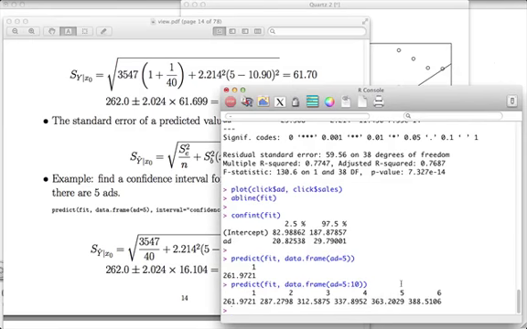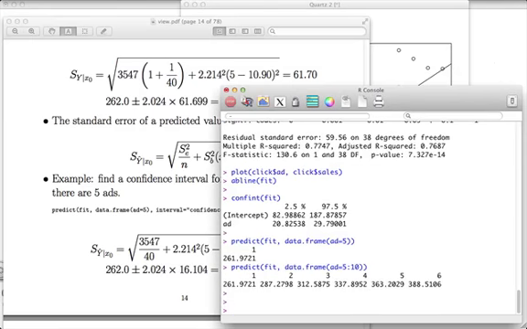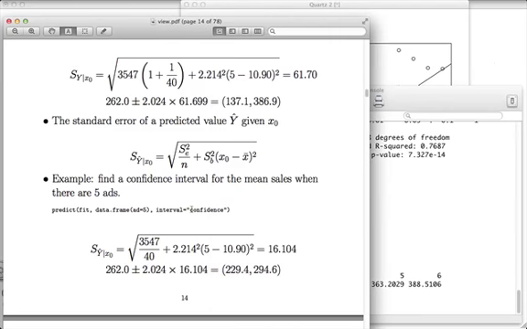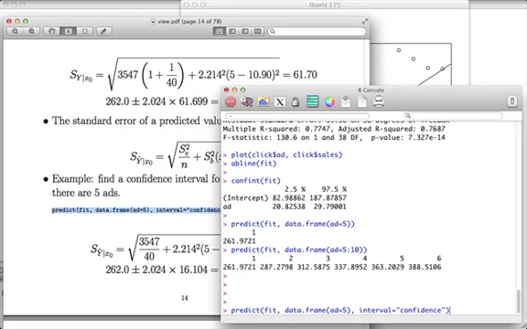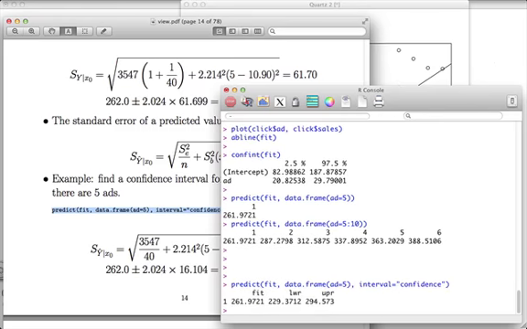I don't really expect you to know the formula, but here's the R code to generate one of those. Let's type that in.